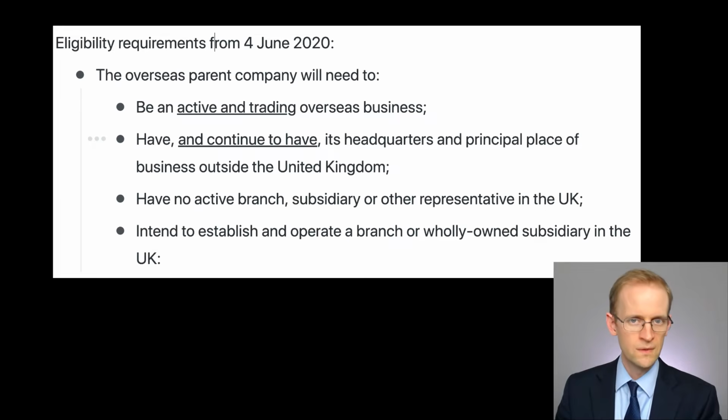So that includes through the visa term. So you can't just move the business to the UK and then have your headquarters here. Then you've got to have no active branch, subsidiary or other representative in the UK before you apply. And then you've got to intend to establish or operate a branch or wholly owned subsidiary in the UK.